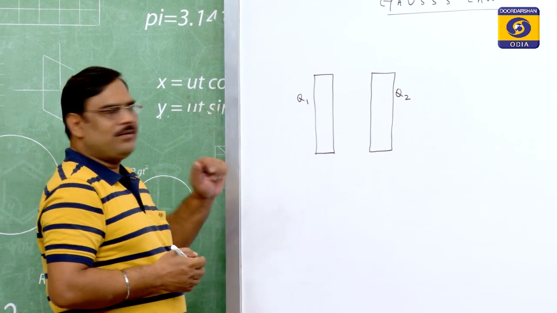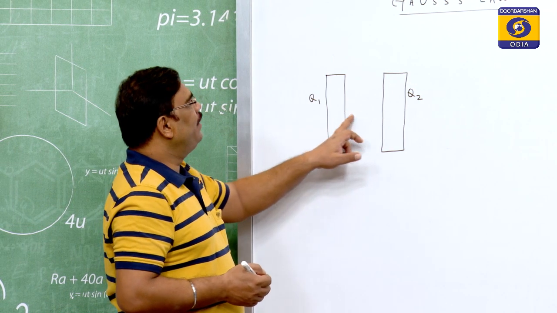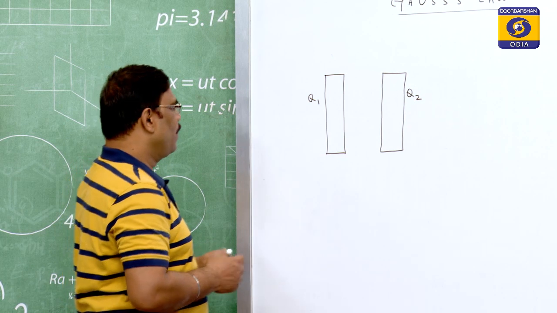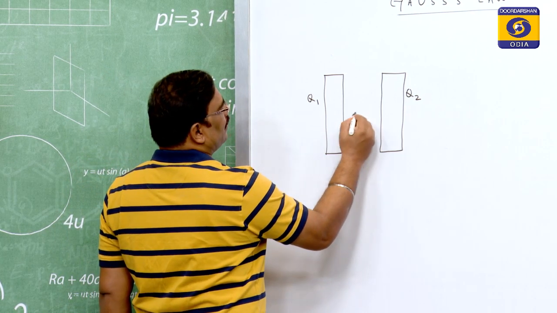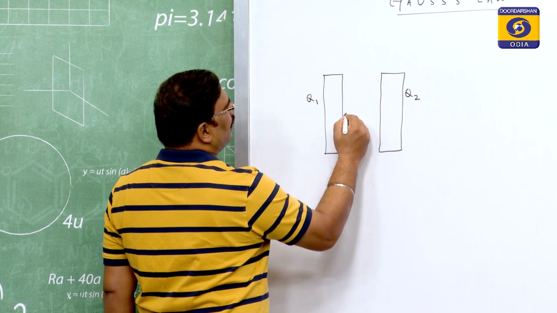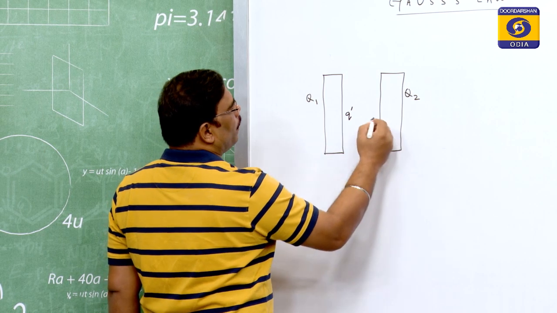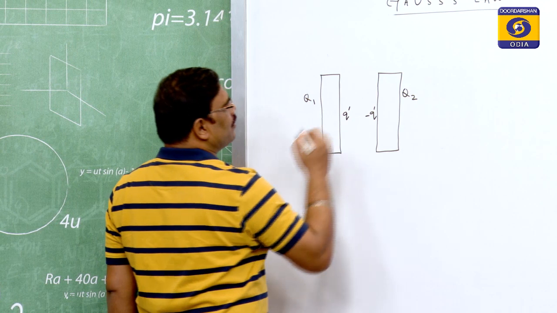Let us calculate the charges developed on each face. These two conductors have 4 faces. Let this face have a charge of q dash, and this one a charge of minus q dash.